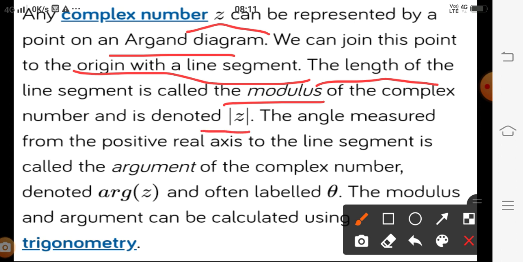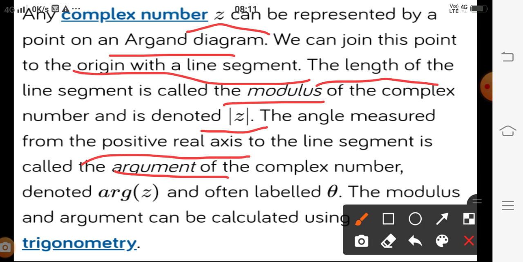The modulus of z is represented by mod z, and the angle measured from the positive real axis to the line segment is called the argument of the complex number.